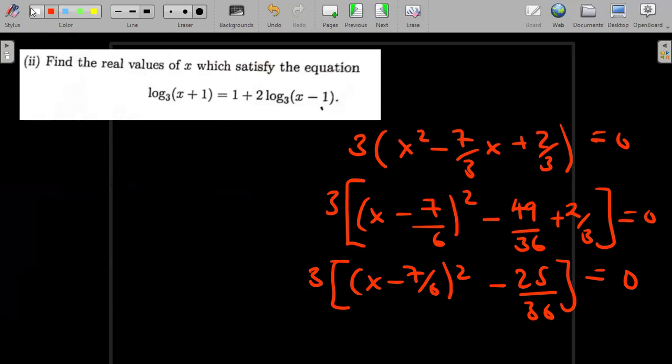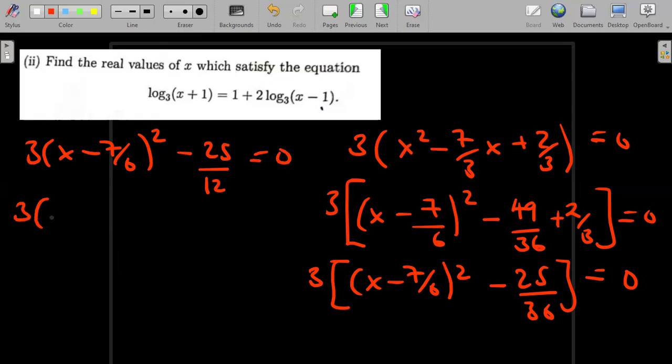Next you multiply the 3 throughout, and you get 3 times x minus 7 over 6 squared minus 25 over 12 equal to 0.